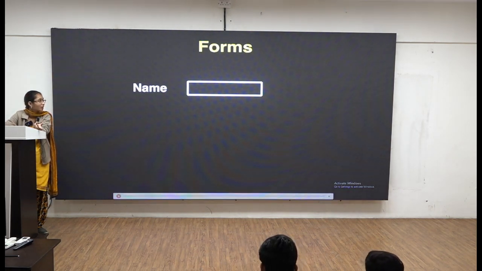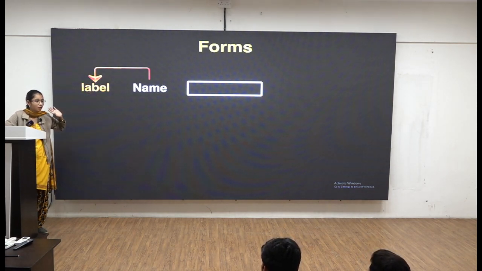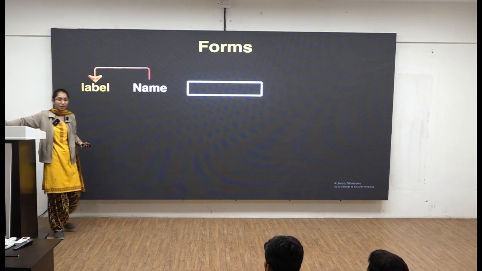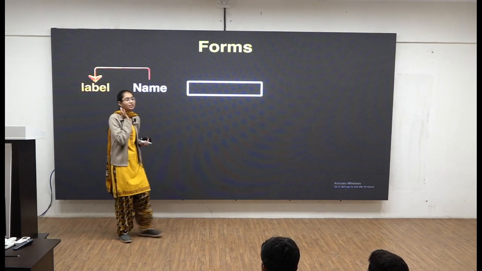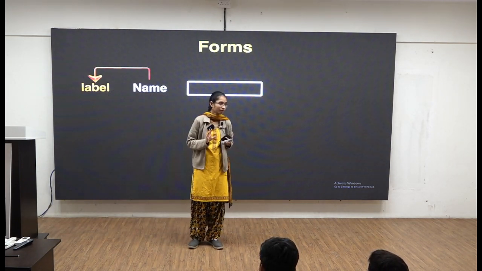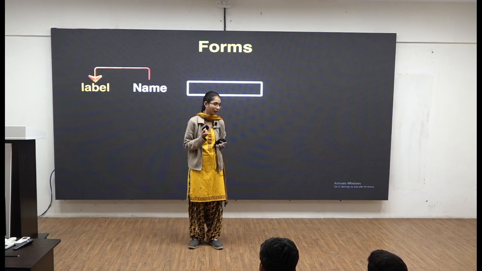Similarly, this name, whatever it is there, is technically called a label. For many days, in the registration forms that you filled, you have just seen the form as a user. You would never have seen it from the developer's perspective.